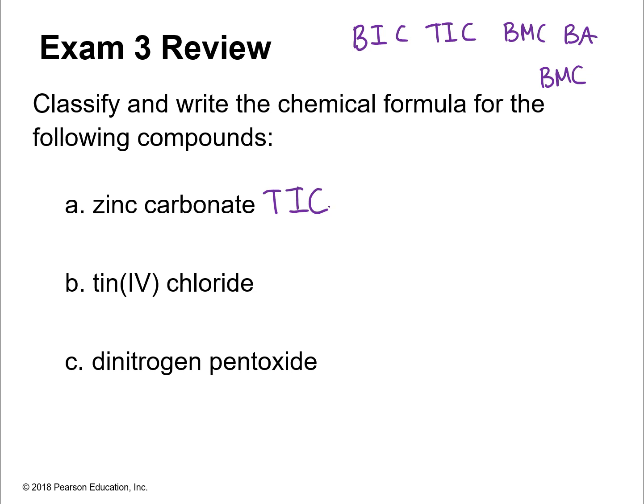So I agree, A is a ternary ionic compound. We've got a metal plus one of those polyatomic anions. What kind of compound is B? Tin 4 chloride.